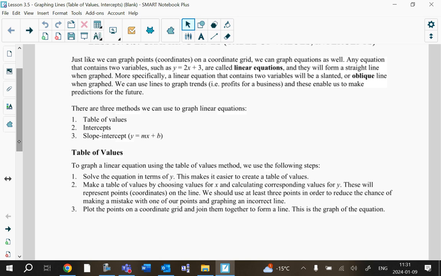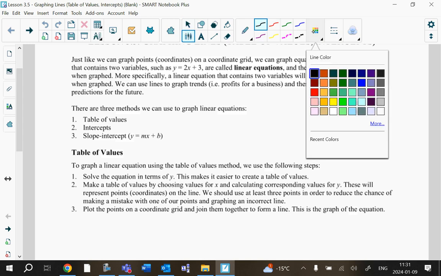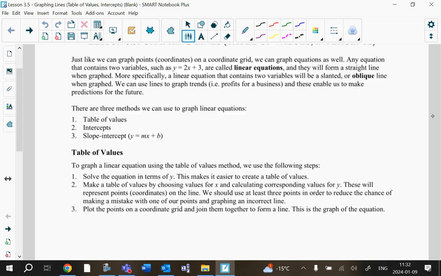And a line, you can always relate a line to an equation. Okay? So what are these equations going to look like when we graph them? Well, they're going to look like this. They're going to have y equals, and then maybe some number times x, and then plus or minus some number.